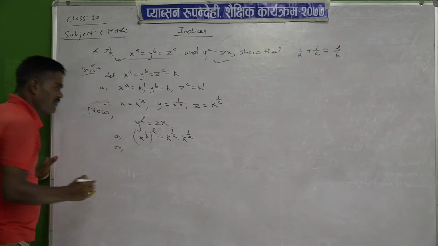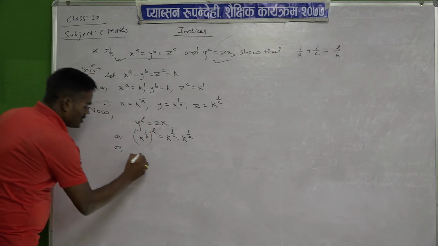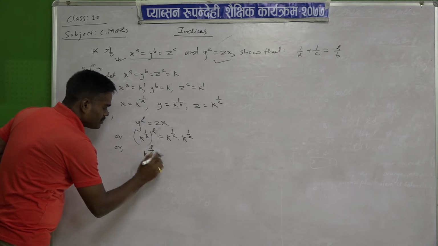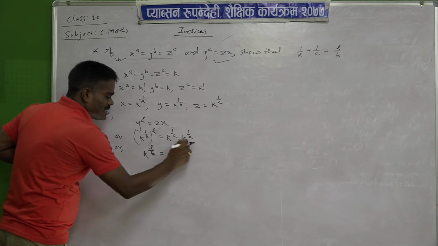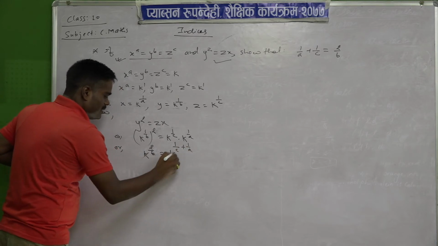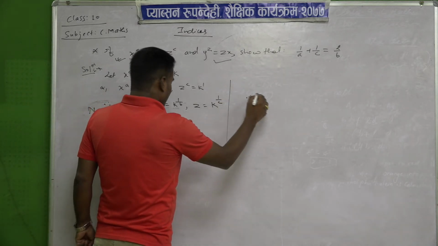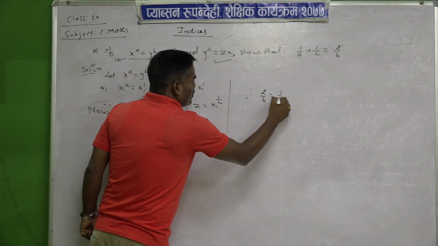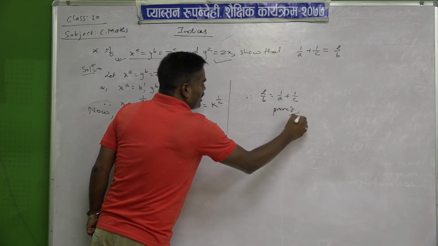So, we know very well, if power over power, then they are multiplied. So 2 into 1 by b is 2 by b, equal, bases are same, then powers are added, means 1 by c plus 1 by a. So, both sides the base is same, so you can cancel them. Therefore, how much is left? 2 by b equal to 1 by a plus 1 by c. Proved. This is the answer.